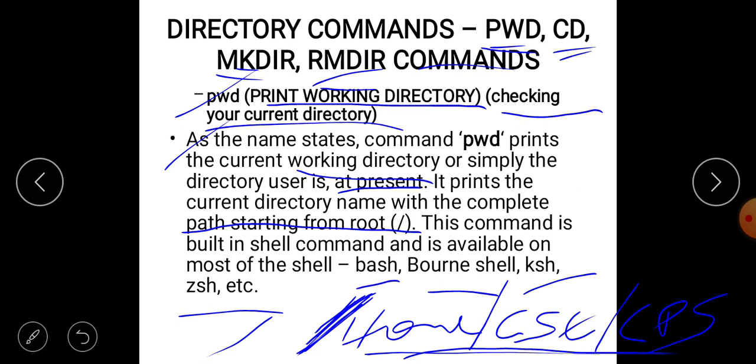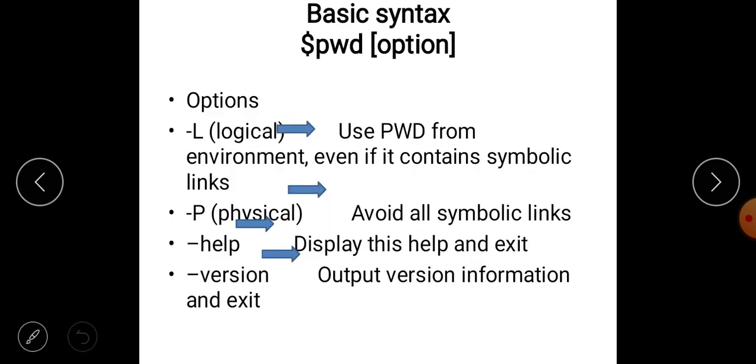With pwd some options can be used. We shall see them in the next slide. Here you can see the command, space, options. There are four options: minus capital L, minus capital P, help, version.